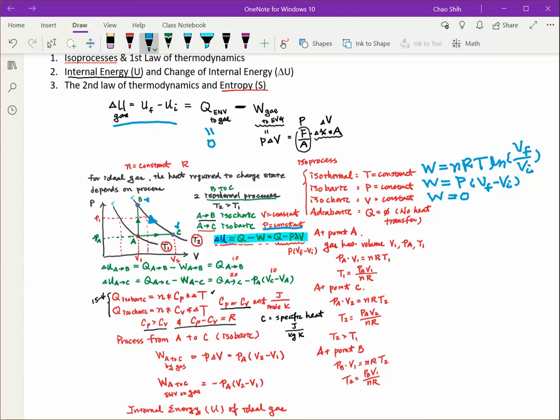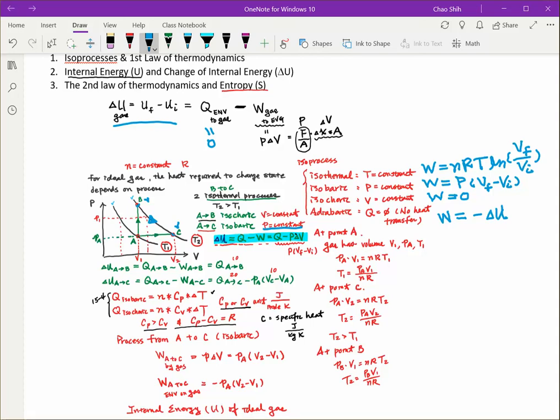Even though there's no equation to get the work from P and V, when you have an adiabatic process, the work is simply equal to negative change of internal energy. So these four equations are important for you to calculate the internal energy and the work, based on the process that you're looking at.